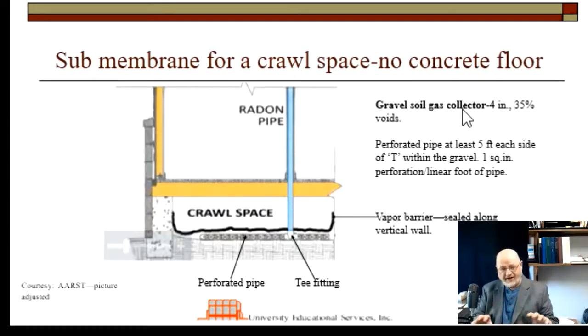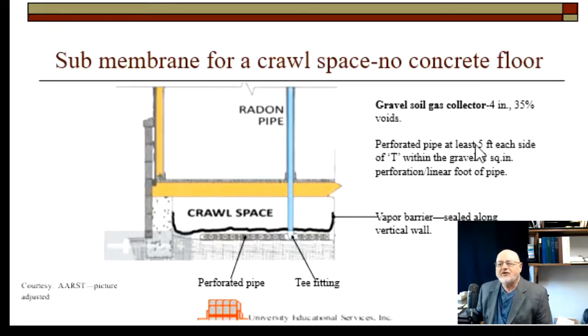You either have gravel, that's what we're going to say is going to collect the gas, or you're not going to have gravel, and we'll see what to do with that. If you're going to be using gravel, then it needs to be 4 inches deep, same specifications as the gravel we've discussed before. And it's probably gravel that you're already using. 35% void space, and the additional specifications of the gravel are given in the standards, but pretty much this is what's important.